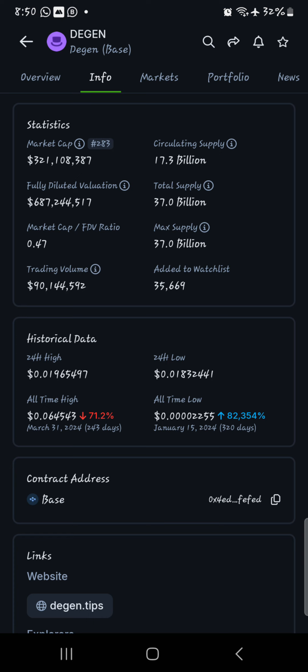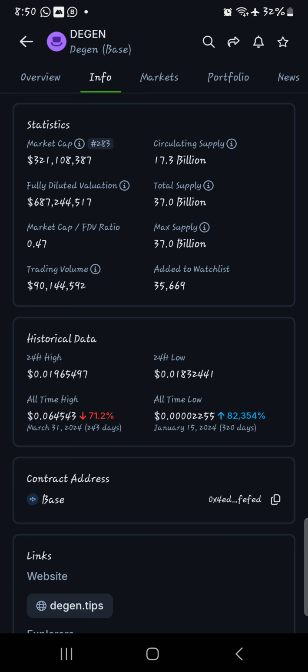So since this is 82,354%, it's 823x. So that means if you invested $1 there, you would have $823 from the all-time high to whatever the price is right now, which is a lot.